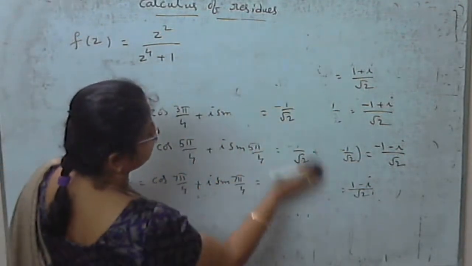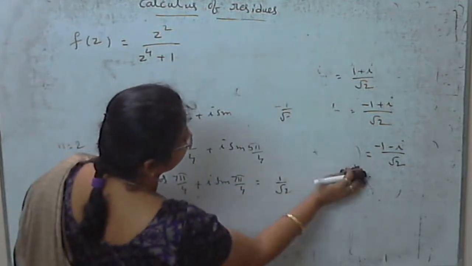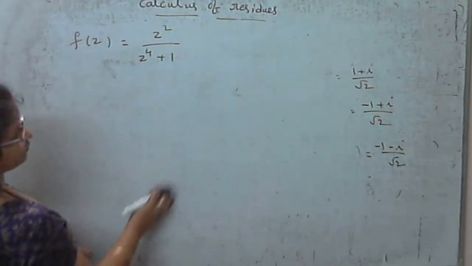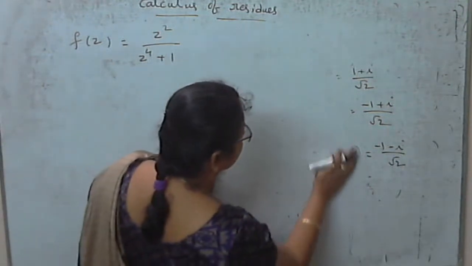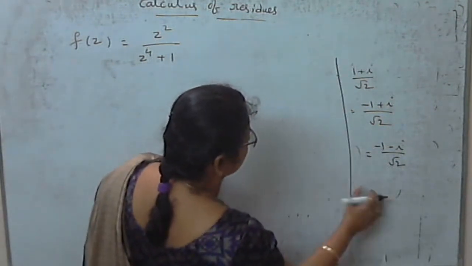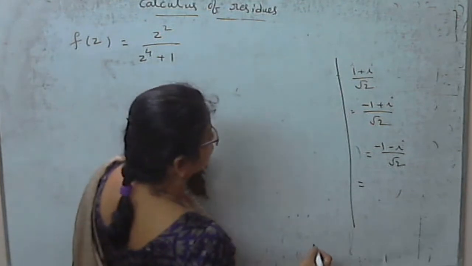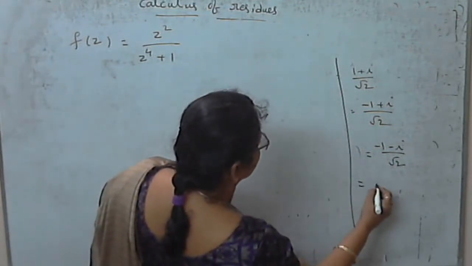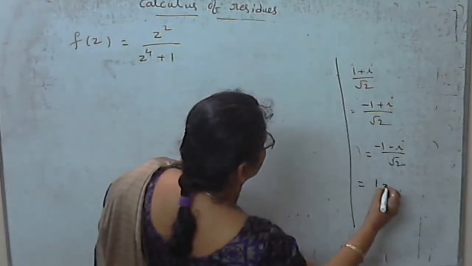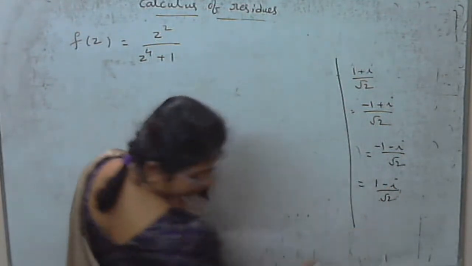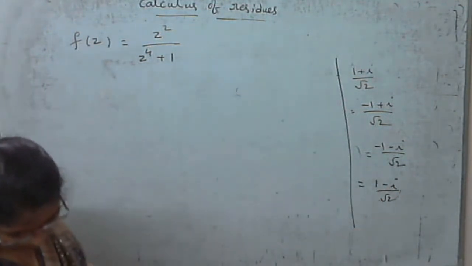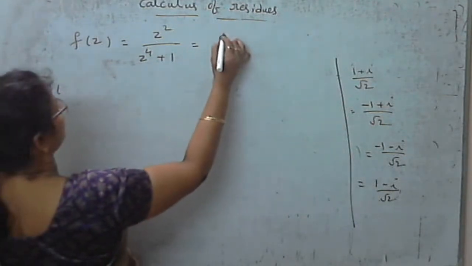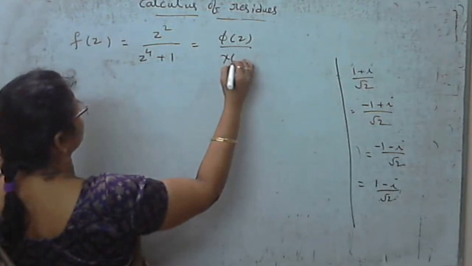Now these are the poles. Let this be phi of z by psi of z.